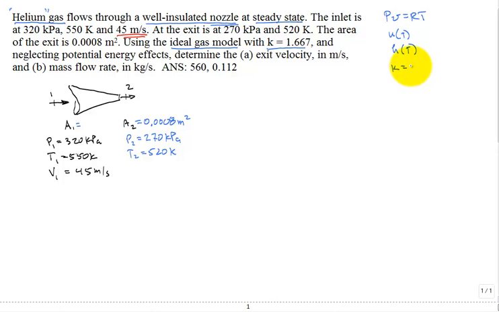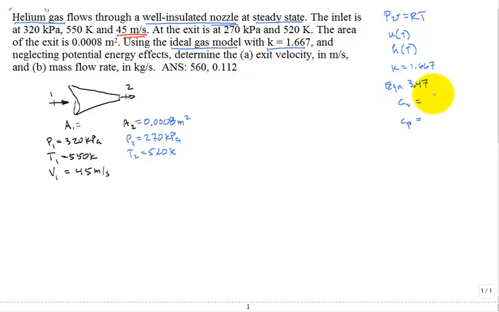When you see a constant value of K, basically you're going to treat the gas as having constant specific heats. So if you're given K of 1.667, which is a very typical value for a monoatomic gas, then you can use equation 3.47 out of chapter 3 of our textbook to get the specific heat at constant volume and the specific heat at constant pressure, knowing the gas constant for helium.